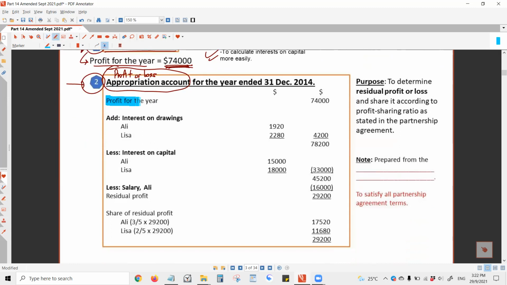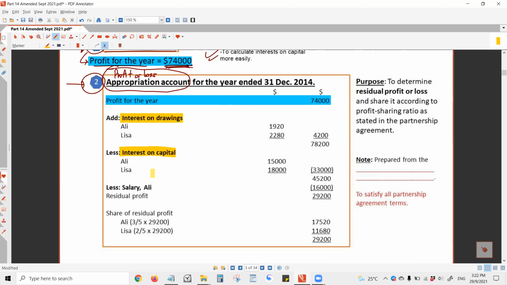First line comes from the income statement. You look at your income statement. What is the last line? If it is profit for the year, bring it to the first line here. If it is loss for the year, then you bring it into the first line of the appropriation account. Very easy. Then you see what you have here. You have interest on drawings.